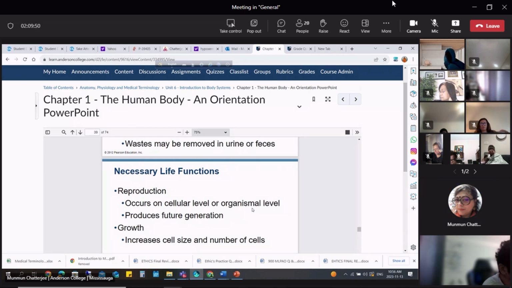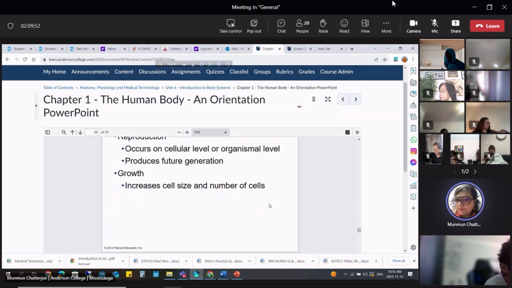Growth increases cell size and number of cells. With that growth, when the baby is born, you need the growth. How? You are not going to stretch and pull, it grows inside.